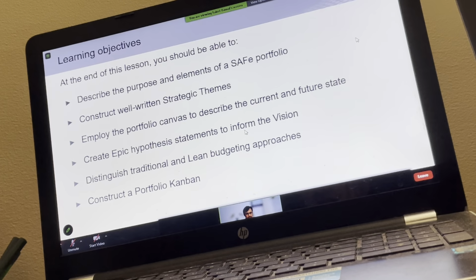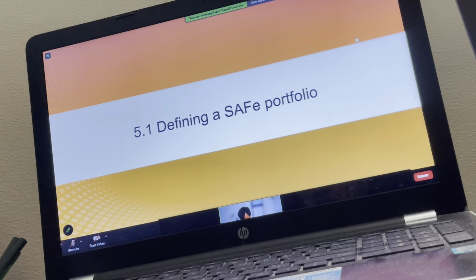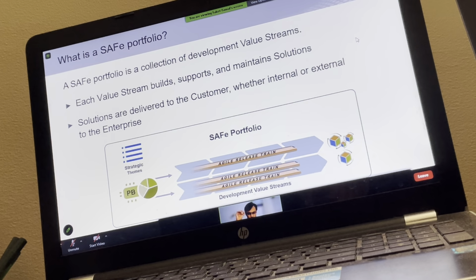Defining a SAFe portfolio. I'm not getting into quotes, directly getting into the action. So a SAFe portfolio, as we discussed when we were talking about SAFe configuration, is a collection of agile release trains.